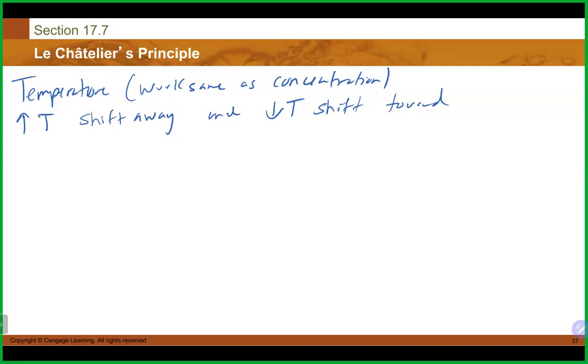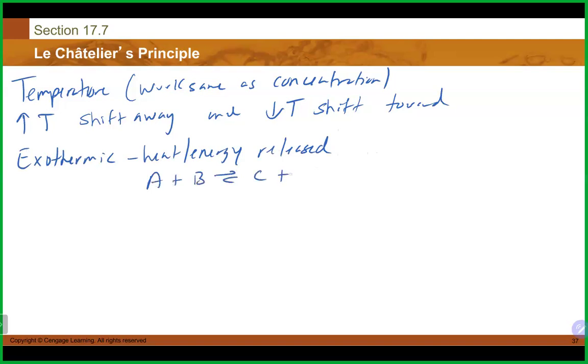It has to do with the type of reaction you're dealing with, and whether your reaction is an exothermic reaction, which means heat and energy is released. When we have an exothermic reaction, we usually think of heat and energy as a product, being given off in this reaction.